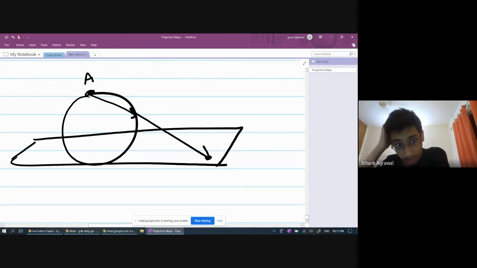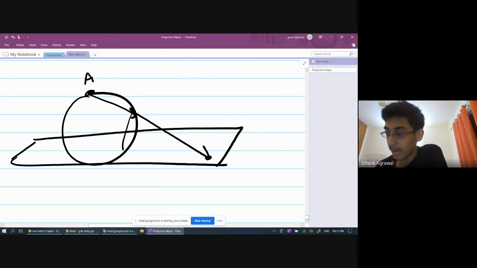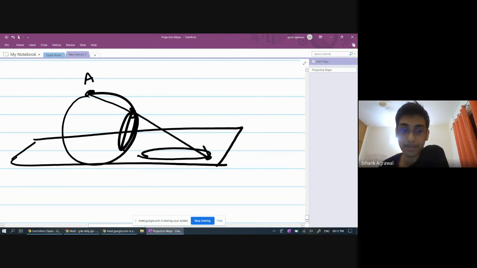Okay. So obviously this goes into hyperbolic geometry and all of that, and I don't want to get into that. But the thing is that for any circles, this maps circles to circles. Okay.